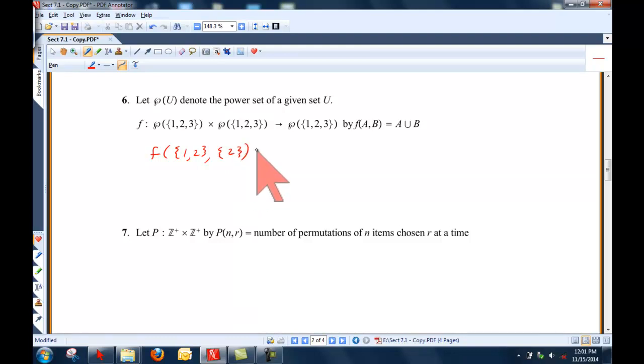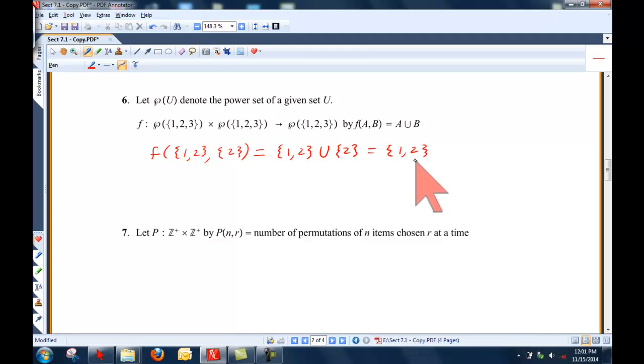And so this definition, if it's a function at all, is proposing that I compute {1, 2} union {2}, and when I do that, 2 is already in the first set, so this is again just {1, 2}. And the question is, is this answer going to be unique? Could anybody get a different answer?